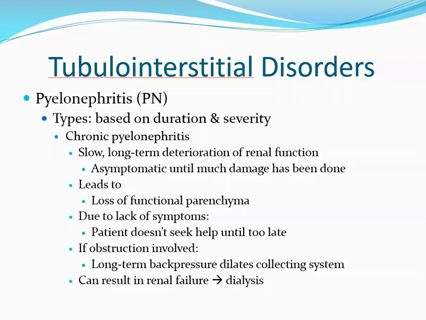At this point, they can no longer prevent water loss, regulate pH, or retain sodium. If obstruction is involved, this long-term back pressure will dilate the collecting system as well as the proximal ureter. This can result in renal failure, which will then require either dialysis or kidney transplant.